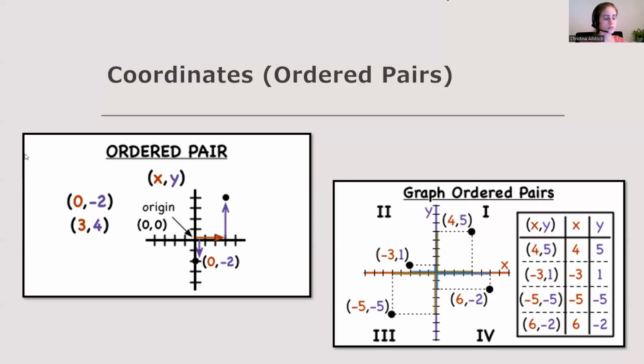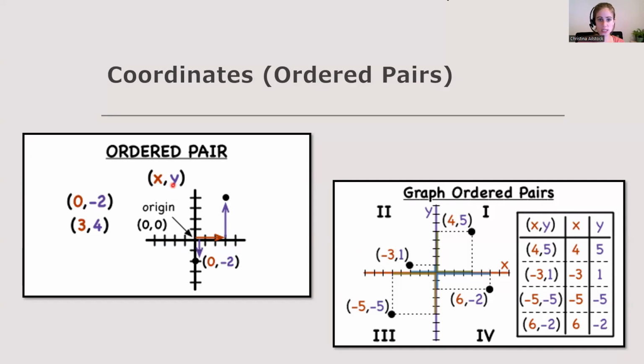One of the reasons we call them ordered pairs is because their numbers are in a certain order. Just like order of operations, when we do our ordered pairs, it needs to have a rule, a pattern behind it, so that anyone in the world can read it and do it the exact same way. So when we're dealing with our ordered pairs, the x value always comes first and the y is second.